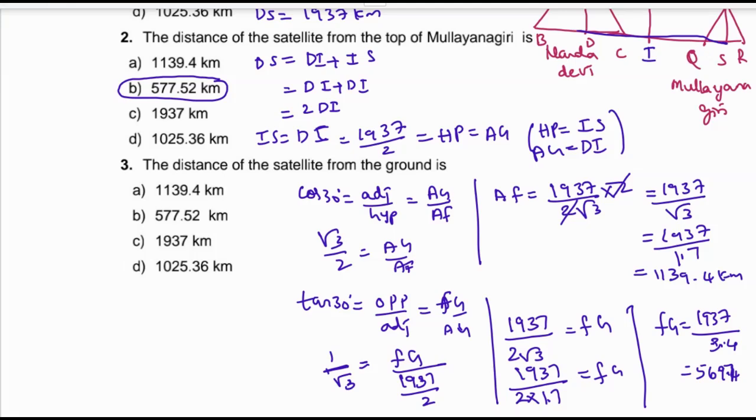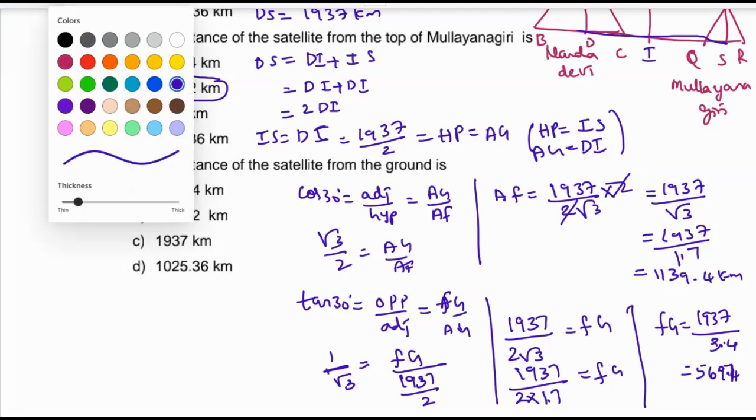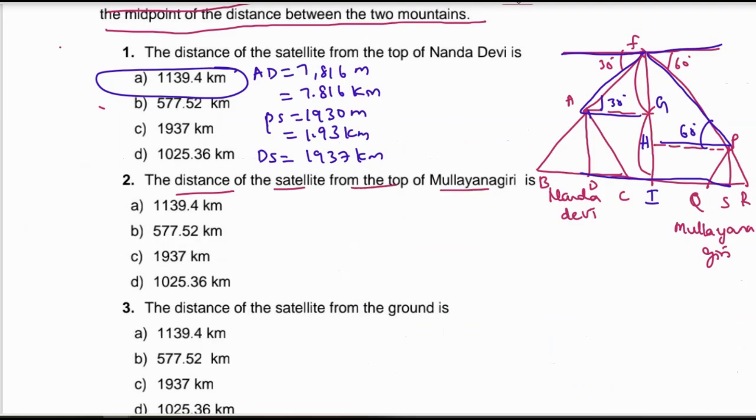Then the next one is the distance of the satellite from the top of Mullayanagiri. So here, tan 30 degree will be equal to opposite by adjacent. So opposite is FG and adjacent is AG.